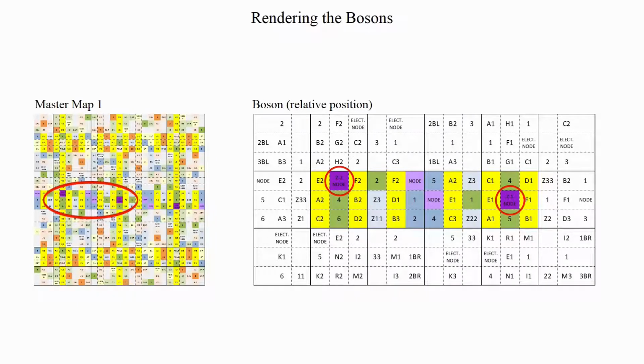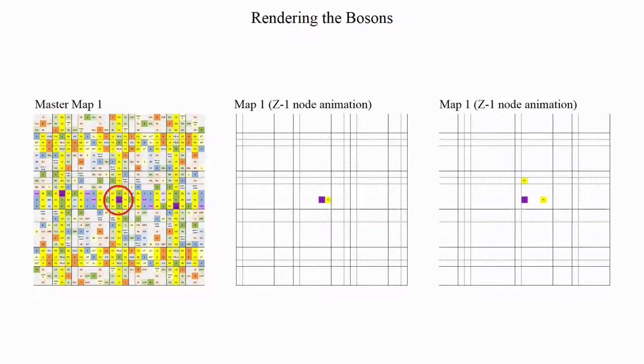Perhaps the most defining characteristic of master maps are nodes, such as knots Z1 and Z2. These and other nodes are not only utilized to render all properties of all fundamental particles and find structure constants, they also define the relative mass of each boson.